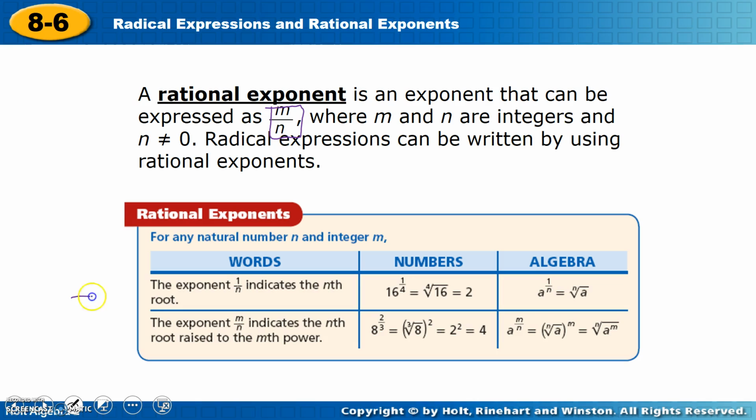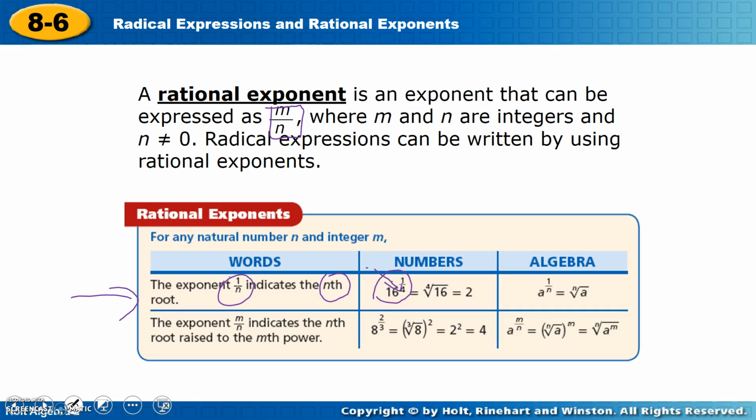And if we look down here at the examples, you look at your first one, the exponent 1 over n indicates the number of the root. For example, over here I have 16 to the 1/4 power. The n in this expression is the 4.